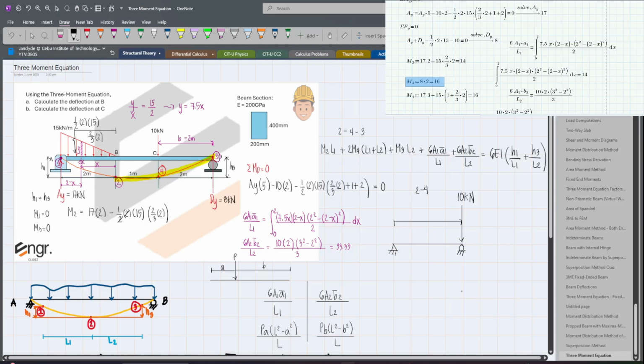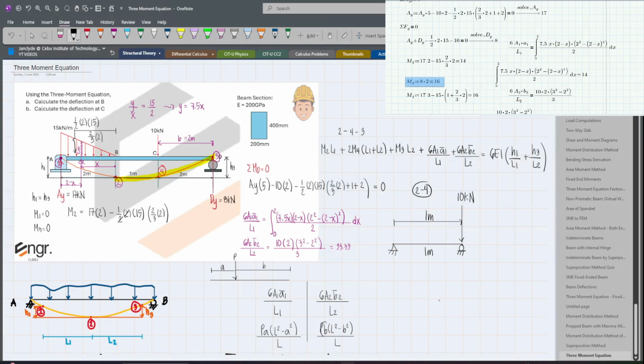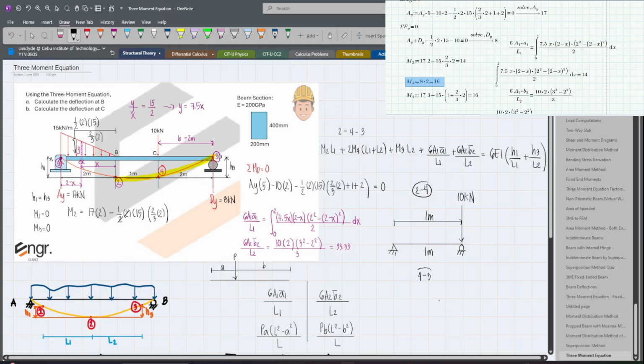Span 2 to 4. Ayan. So, equal yung A, ito rin 1 meter. So, walang 6A1 barred A1 over L1. Now, 6A2 barred B2 over L2 naman is also non-existent because B and L are also the same. If you will draw span 4 to 3, we would have the following figure.